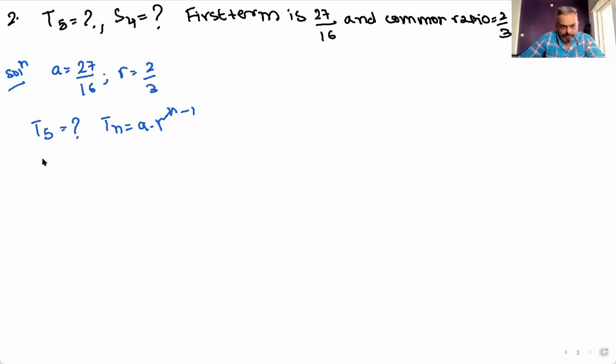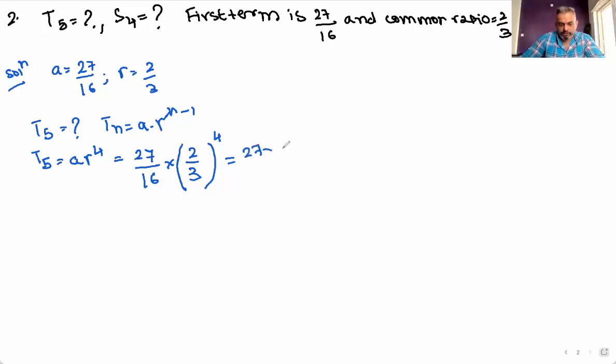So T5 is equal to A into R raised to 4, which is equal to 27 by 16 into 2 by 3 whole raised to 4, which is equal to 27 into 2 raised to 4 is 16, upon 16 into 3 raised to 4 is 81.